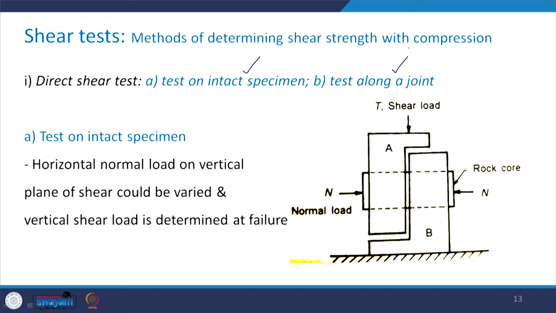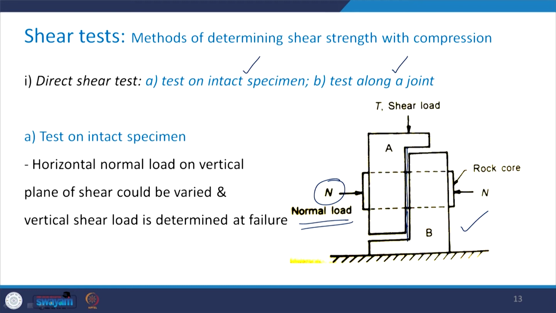You can see a line sketch here where the rock core has been mounted, and this is the shear plane. Along this plane the shearing is going to take place. Perpendicular to that, the normal load N has been applied in this case, which was not there in the earlier cases. So, in this case the horizontal normal load on the vertical plane of shear is applied, and that could be varied.